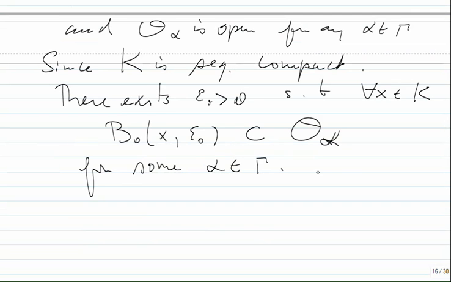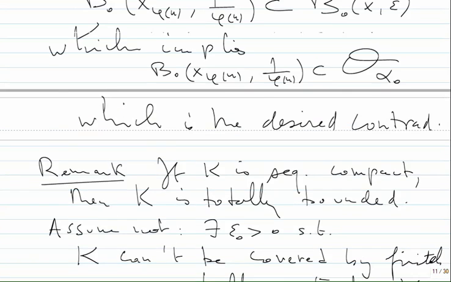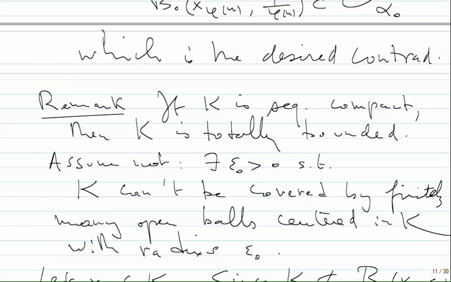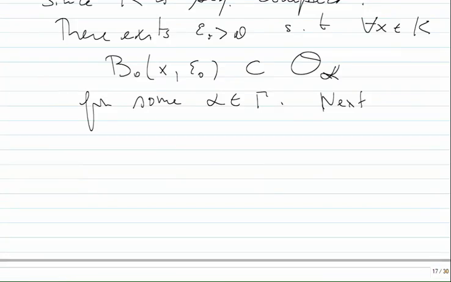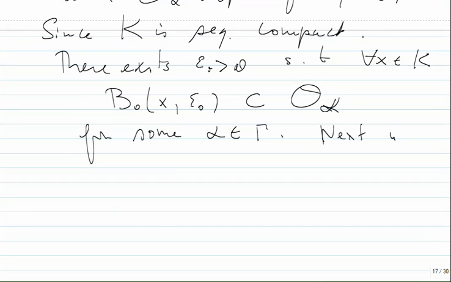Next, okay, we have seen in this remark that if K is sequentially compact, then K is totally bounded. So we're going to use that. So next, we know that K is totally bounded.